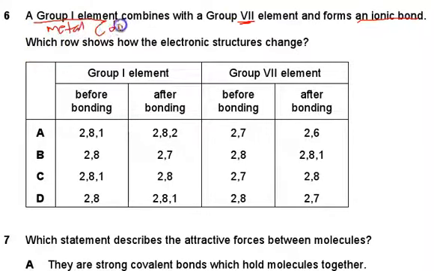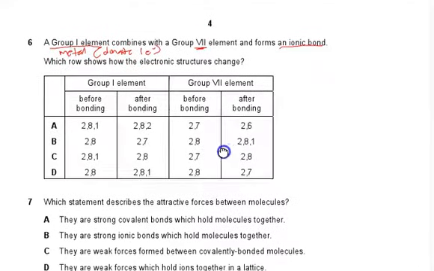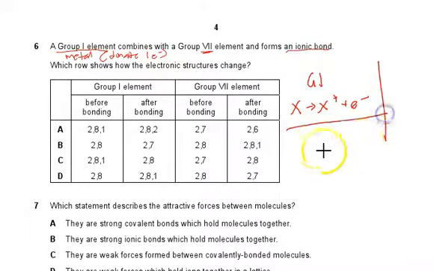They will donate 1 electron. So let me make it a bit smaller so I can do an equation here. So group 1, they will donate 1 electron. However, group 17, they will accept 1 electron to form the negative ion.